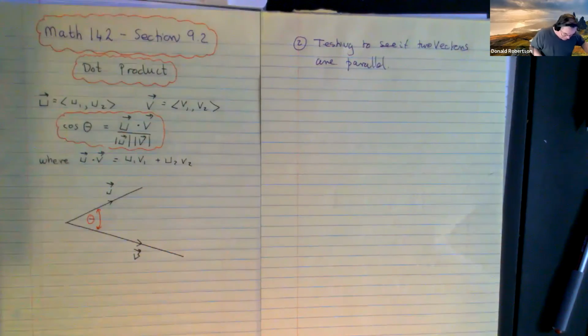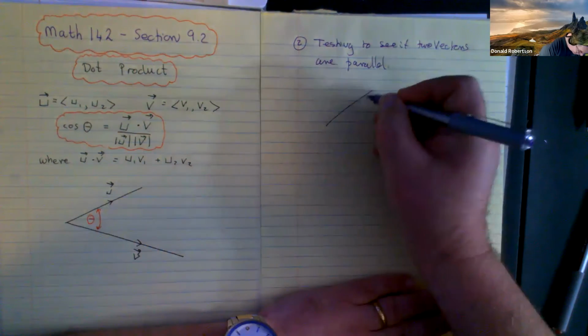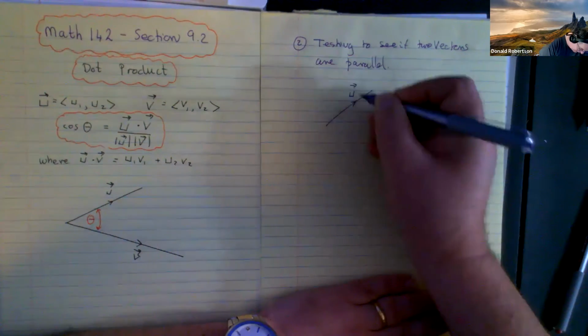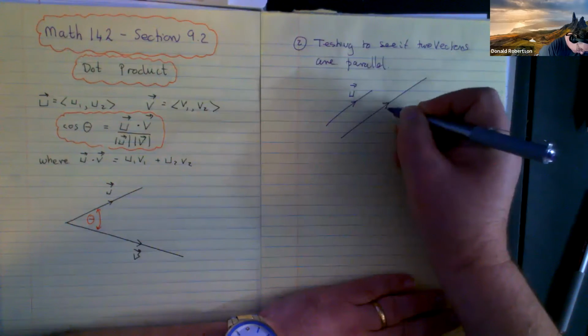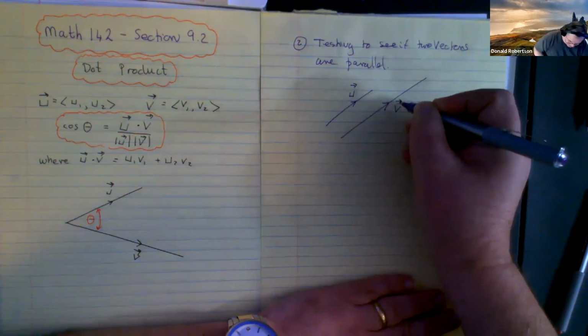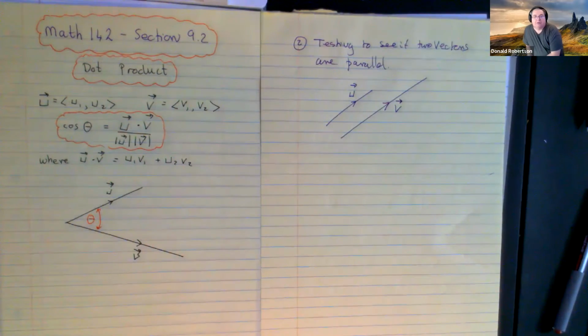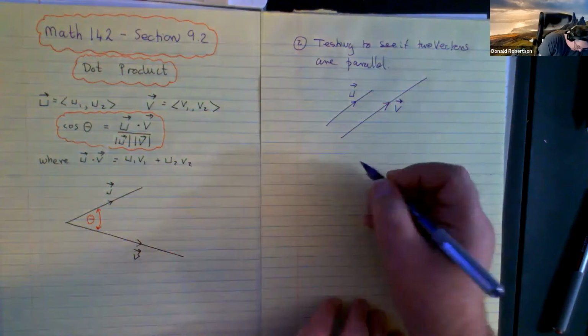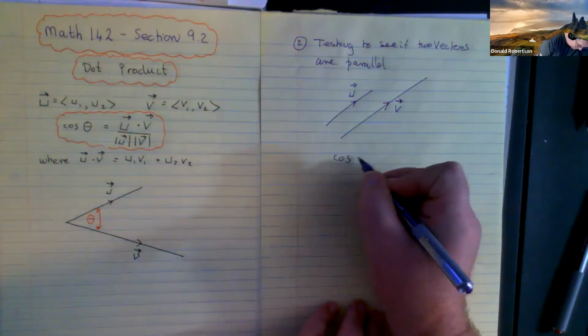So, imagine I have a vector u and I have another vector v. They could be parallel, right? They go in the same direction, just one might be longer than the other. Okay. So how do you test to see if 2 vectors are parallel? Well, you use this fella.